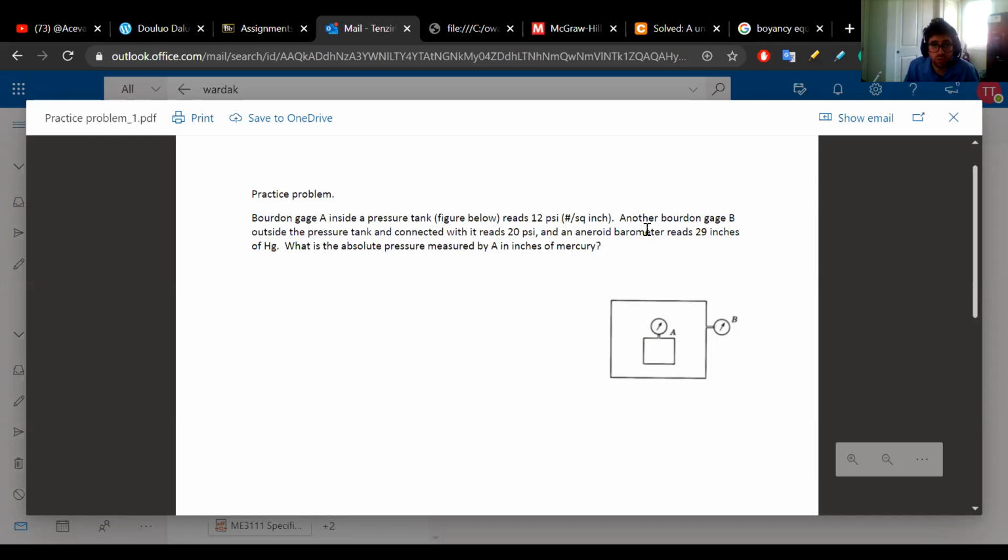And we have 20 psi, and that one is 40.72 inches of mercury.